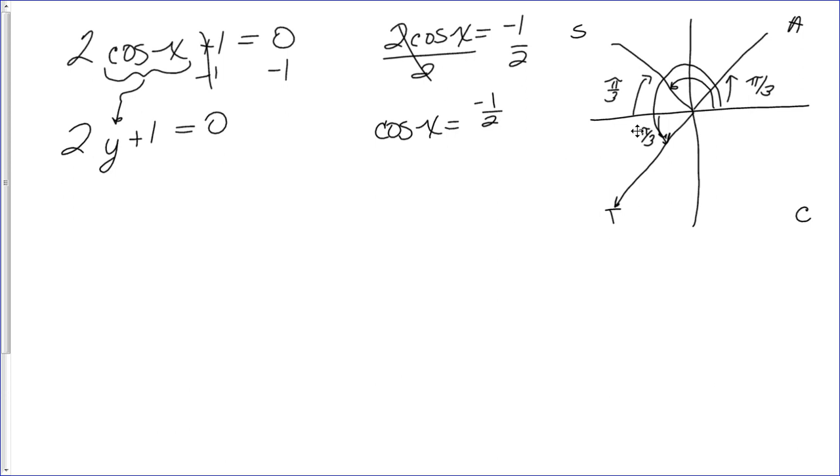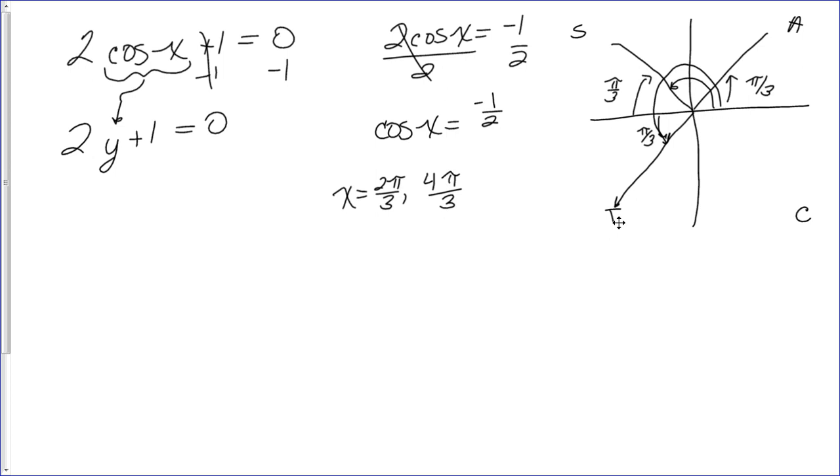We know this is going to have to be pi over 3. So since a half circle is 3 pi over 3, our angle here is going to be 2 pi over 3. And since this is 3 pi over 3 and we're adding another one, it's also going to be 4 pi over 3.